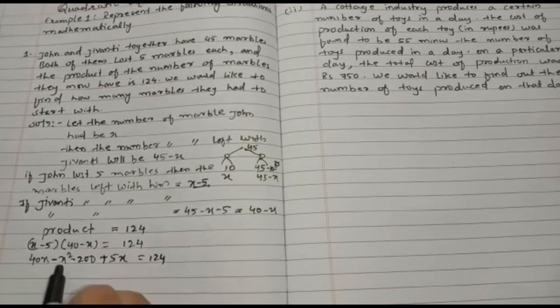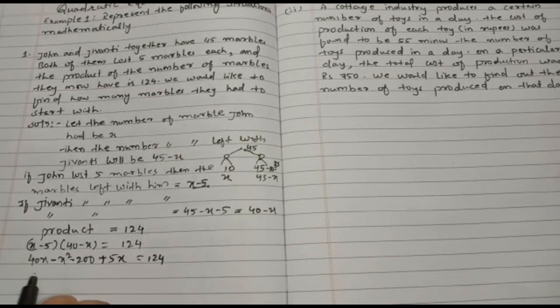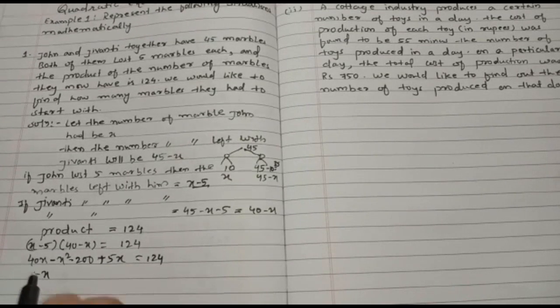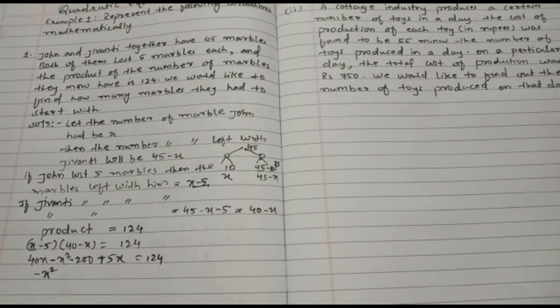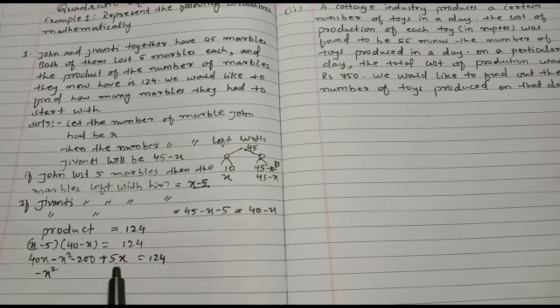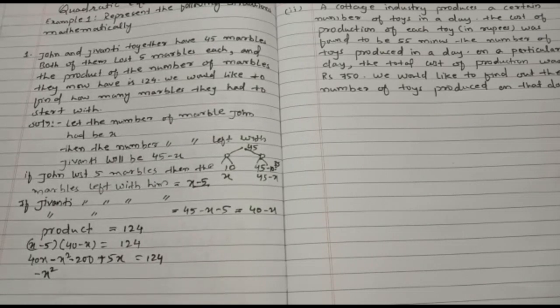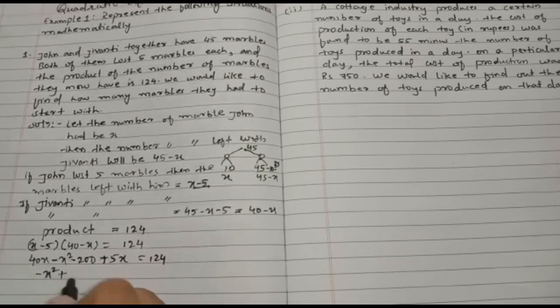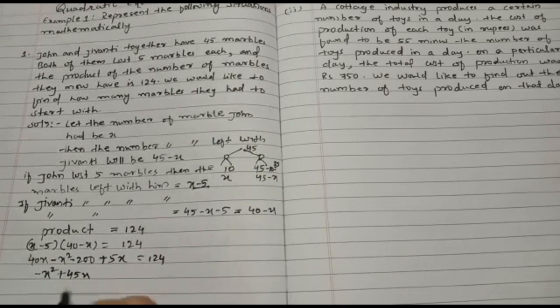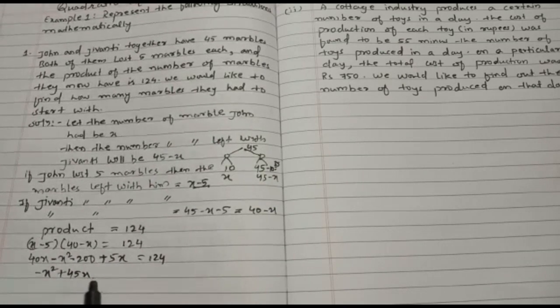Now I'll keep minus x square as it is, because I have only one term of x square. We have two terms of x, so we have to add those two terms. Both are plus. 40x plus 5x will be plus 45x. Now minus 200.